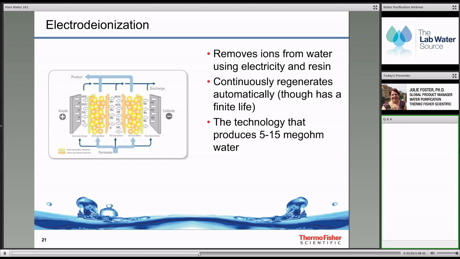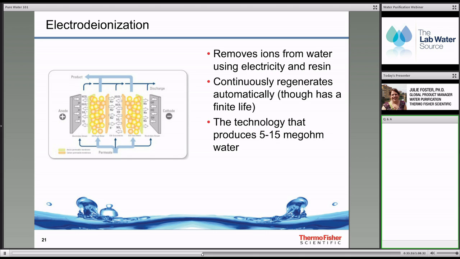With an EDI cell, the great thing is the electrical current is always recharging it, and so you don't have to change it as often. With a cartridge, you're changing it maybe every 6 to 12 months, depending on how much water you're using and how impure the water is that you're starting with. So 6 to 12 months with a cartridge. You're probably looking at 3 to 5 years with an EDI cell.